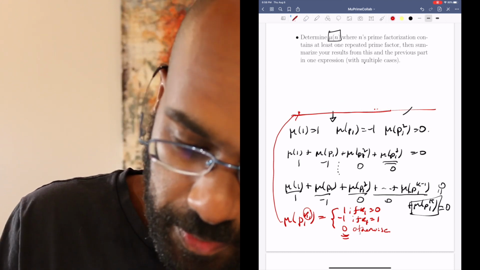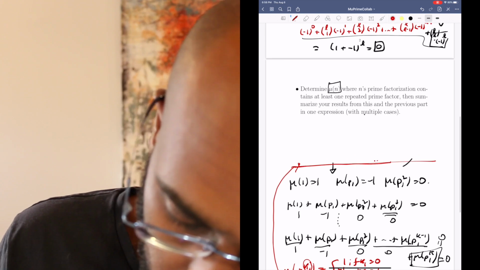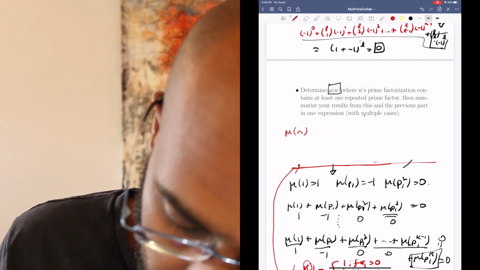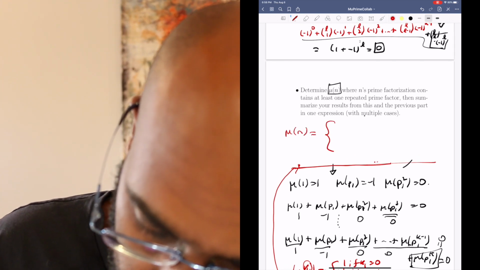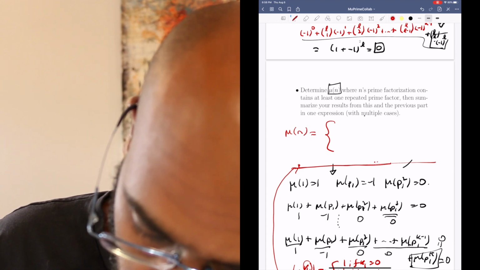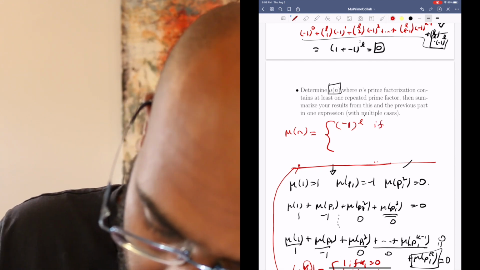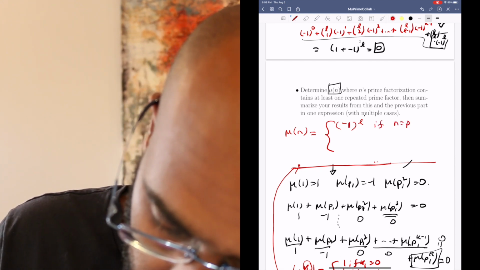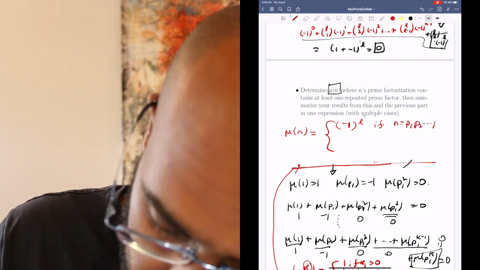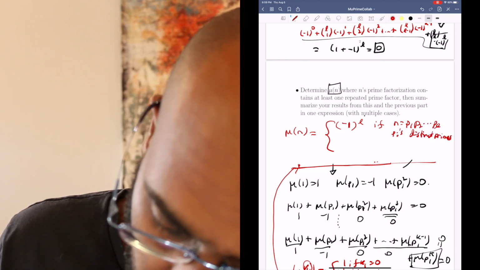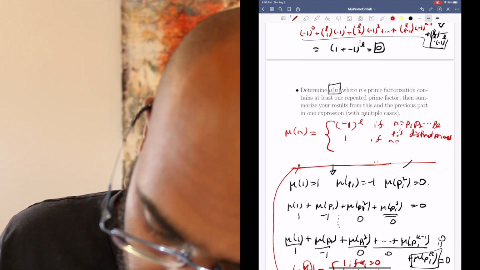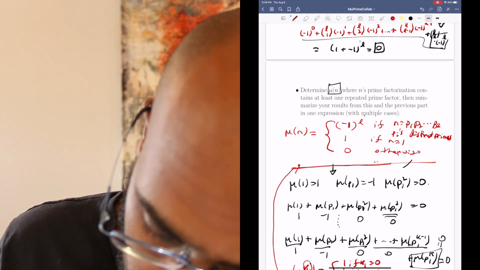And that formula is that mu of n is negative 1 to the L if n is the product of L distinct primes, is 1 if n is 1, and then is 0 otherwise.